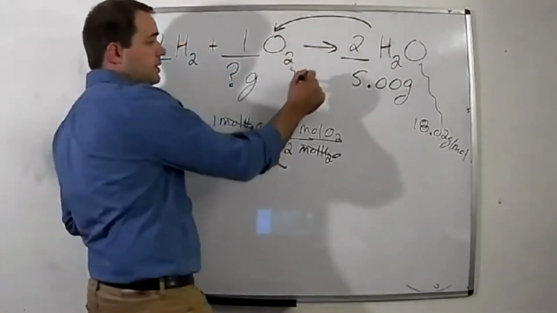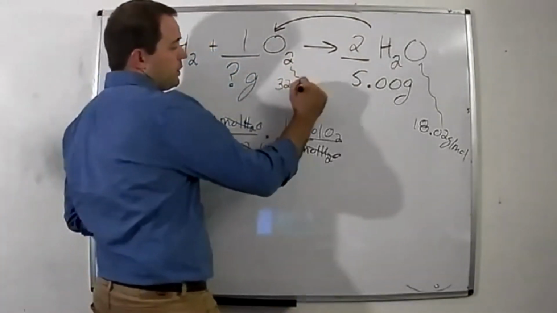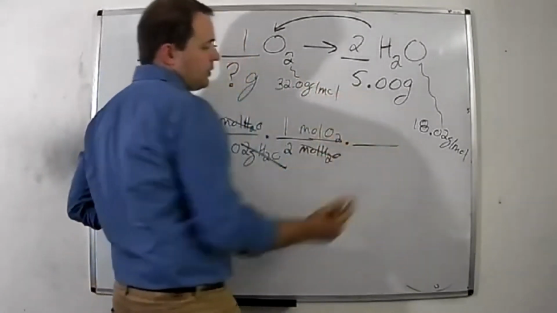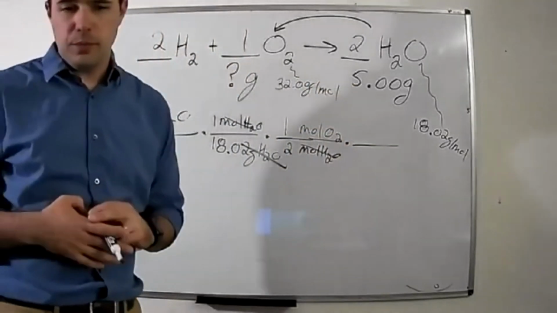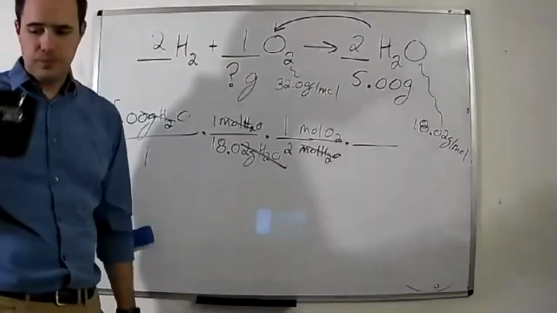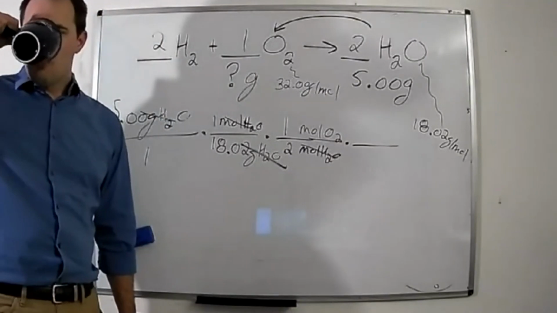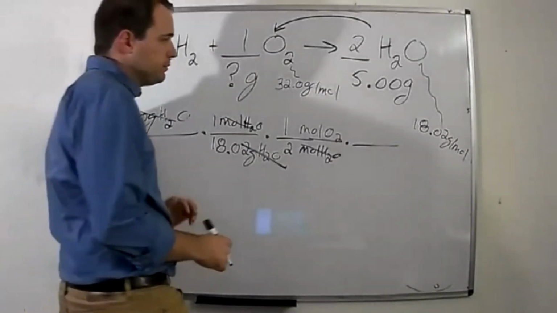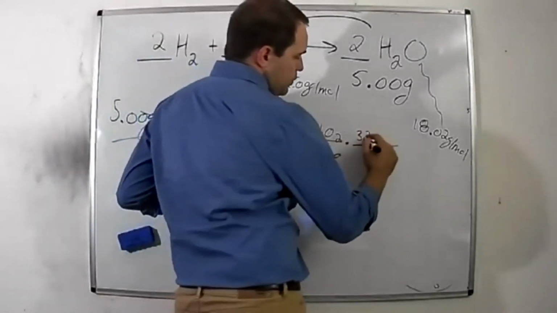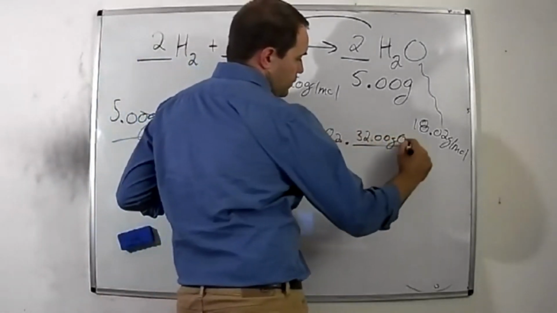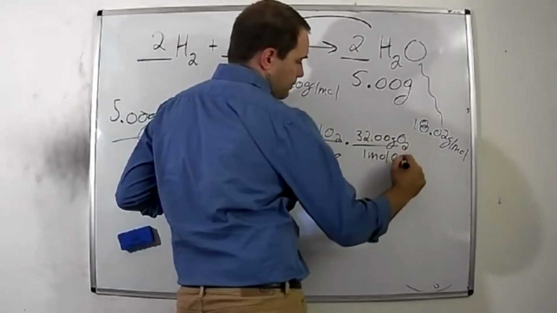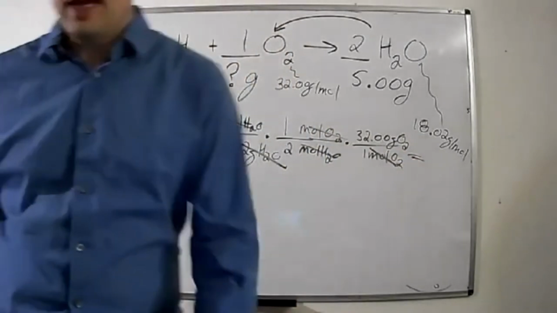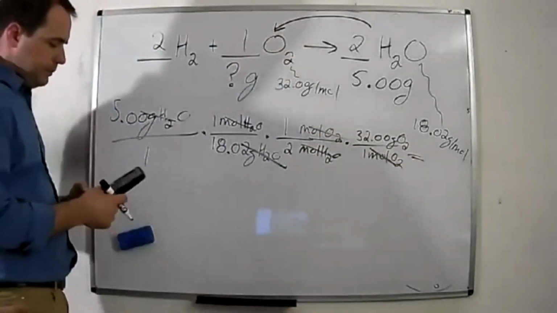So we just add that up. 16 times 2 is 32.00 grams per mole. I want you to think, do I multiply by 32.00 or divide? Go ahead and put that final step in there. Hopefully you're seeing that you should multiply by the 32.00 grams per mole. And now you're done. Now you can grab your calculator.